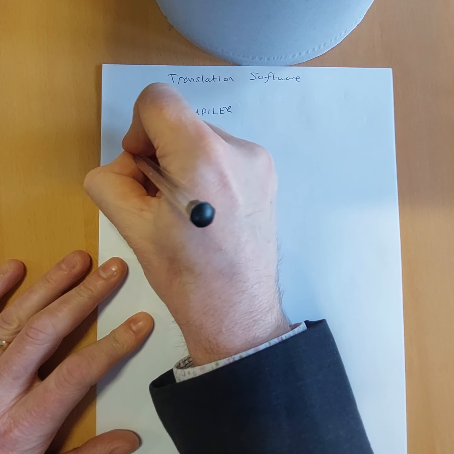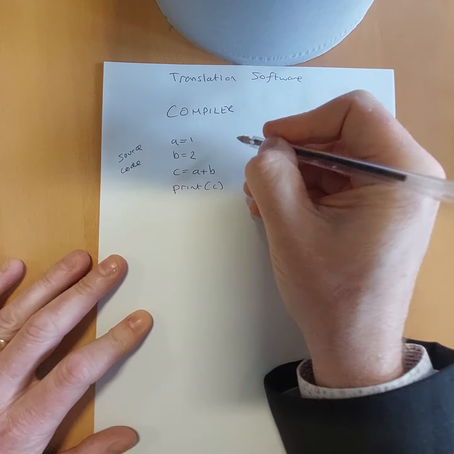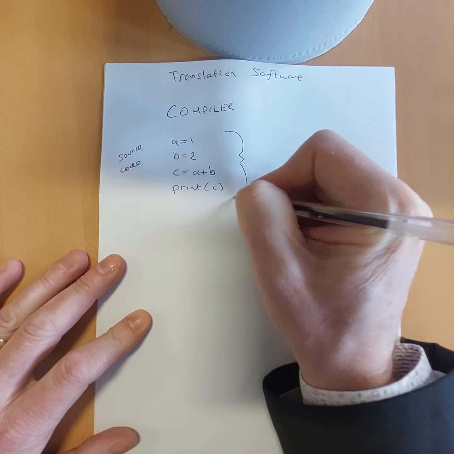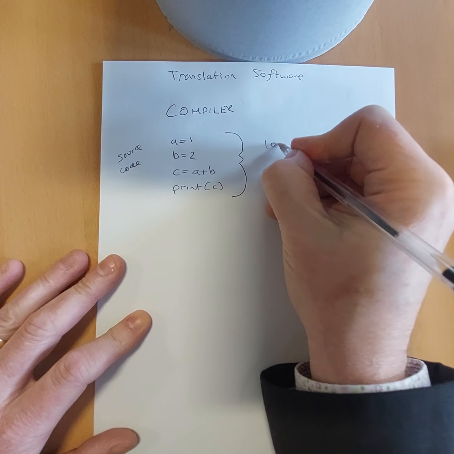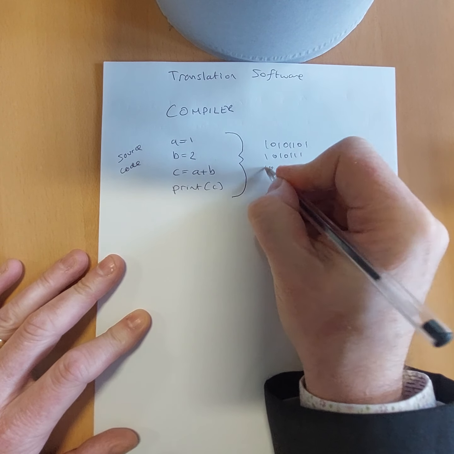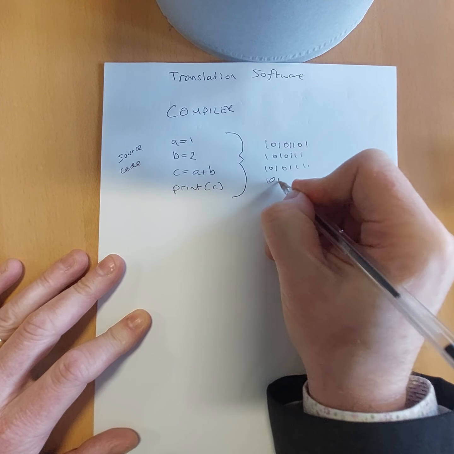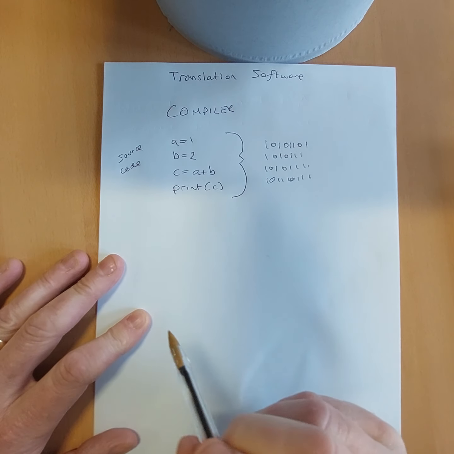So we've got our source code here. What the compiler does is it takes the whole thing, takes the entire source code, and converts it into the machine code. So it converts every single line, every single bit of code of your high-level language into machine code.